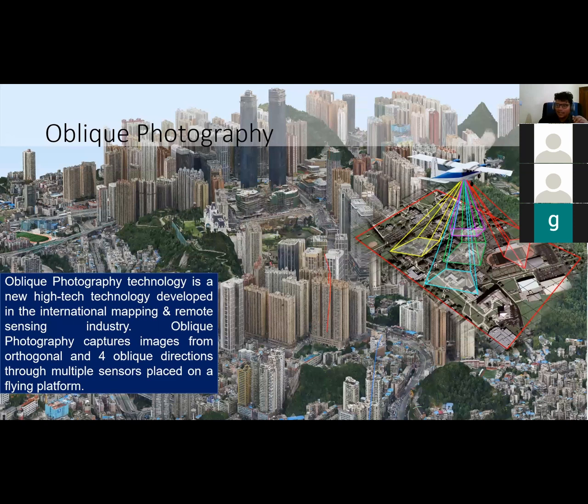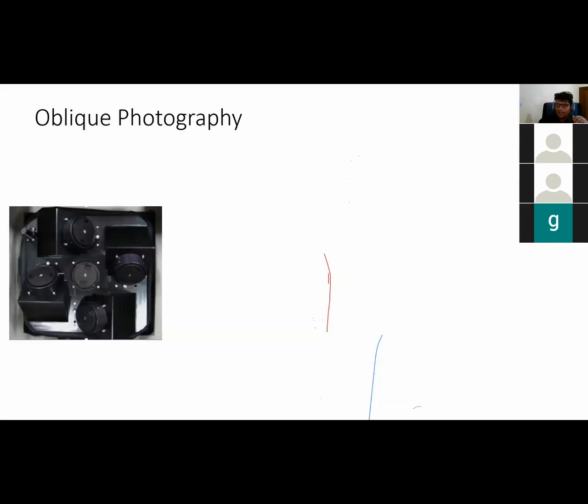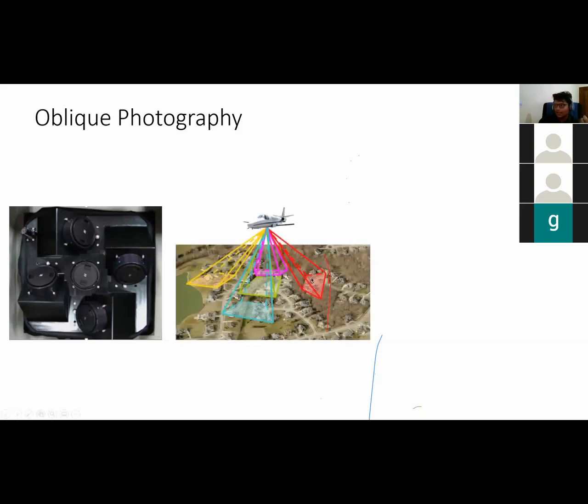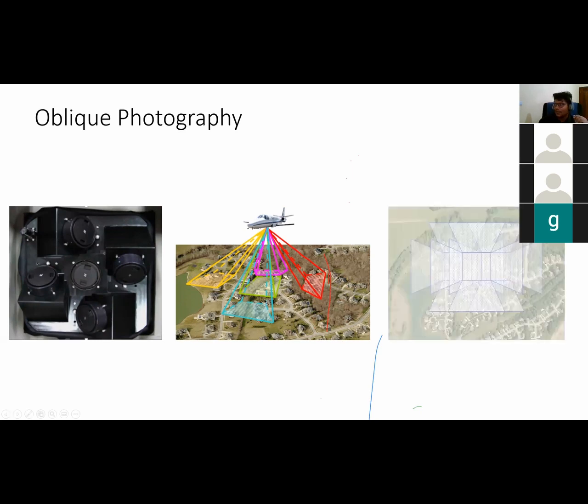You can see some of the technologies they use right now. This is a 4D camera. It can create a mosaic of the image, and you can see it can take different angles and then combine them together to create that 3D nature of the photo.